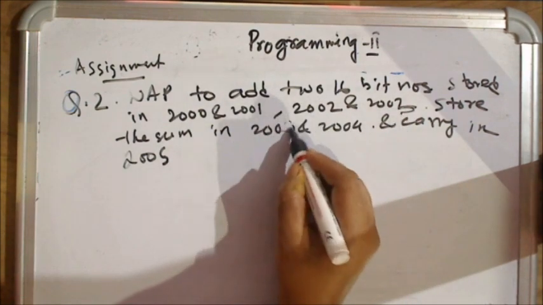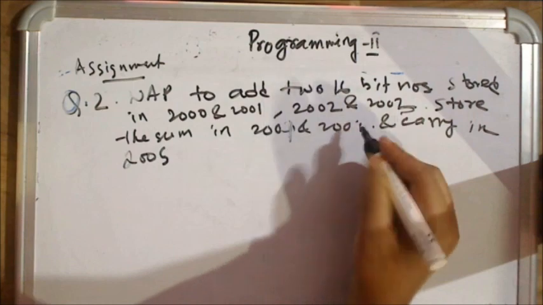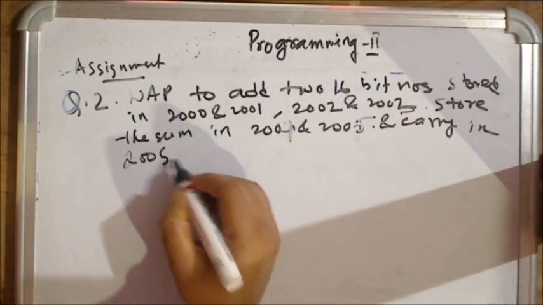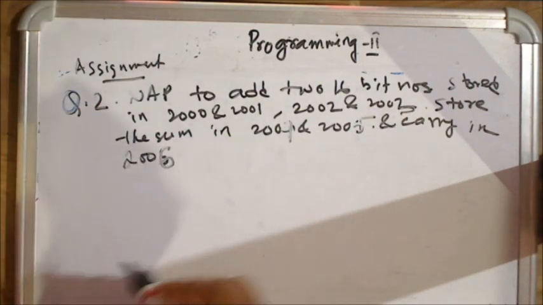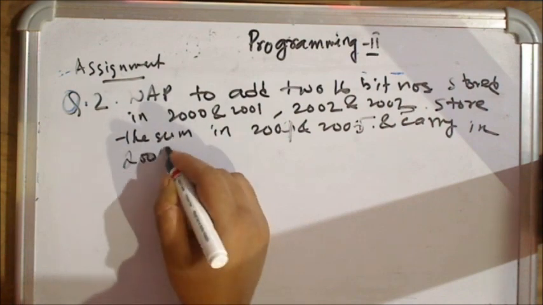Store the sum in 2004 and 2005 and the carry in 2006. Okay, carry in 2006.